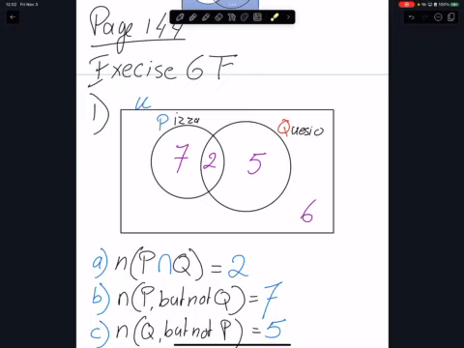This is everyone else. So you like mathematics. You like biology. You like coming to school. Everything else.